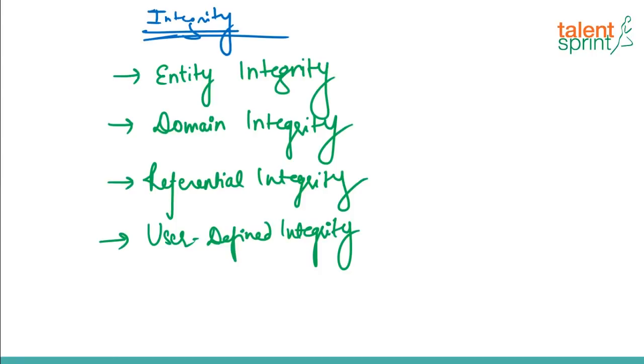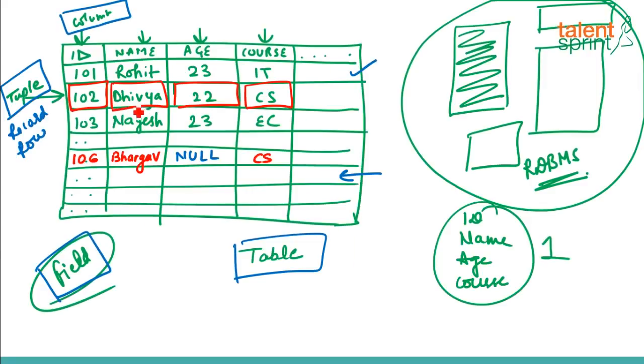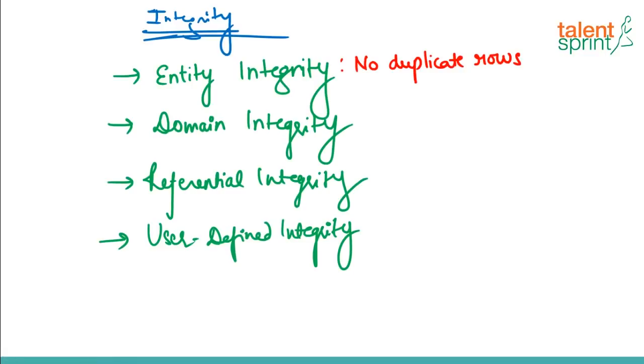The first one, entity integrity, says that there cannot be duplicate rows. Alright, so if you have inserted the data of one person, say Divya's data is inserted already, there should not be another row in this table with the same data, 102 Divya 22 CS. That is entity integrity.